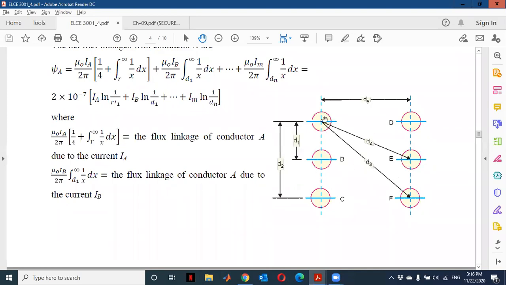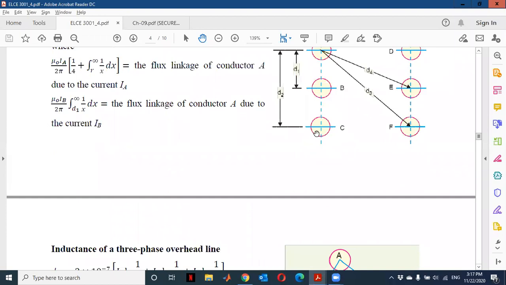So this flux in conductor A is affected by the current through conductor A, and also by the current of conductor B, conductor D, and so on.